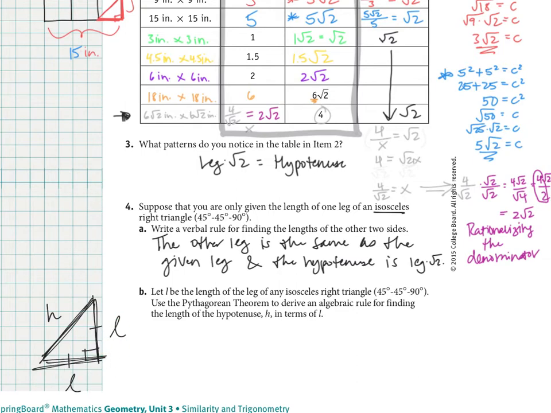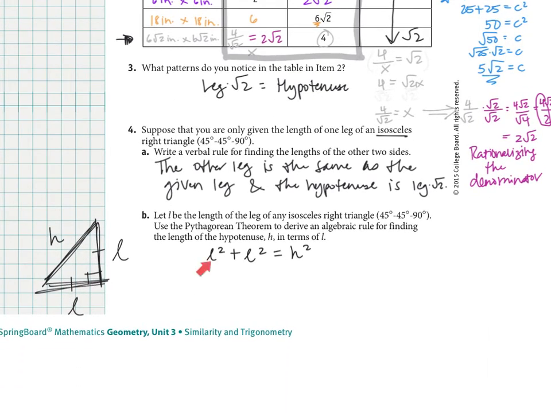So going back to the Pythagorean theorem, remember that's the 2 legs squared. So I'm going to say L squared and add it to L squared. We set it equal to H squared. Our goal here is to figure out how we can isolate H, because instead of writing H, we want to write something else in its spot. We know when we have like bases, we can add them together.